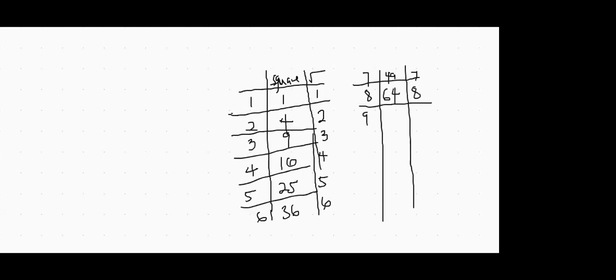The square of 9 is 81. The root of 81 is 9. The square of 10 is 100. The root is 10. The square of 11 is 121. And the root is what? 11. The square of 12 is 144.